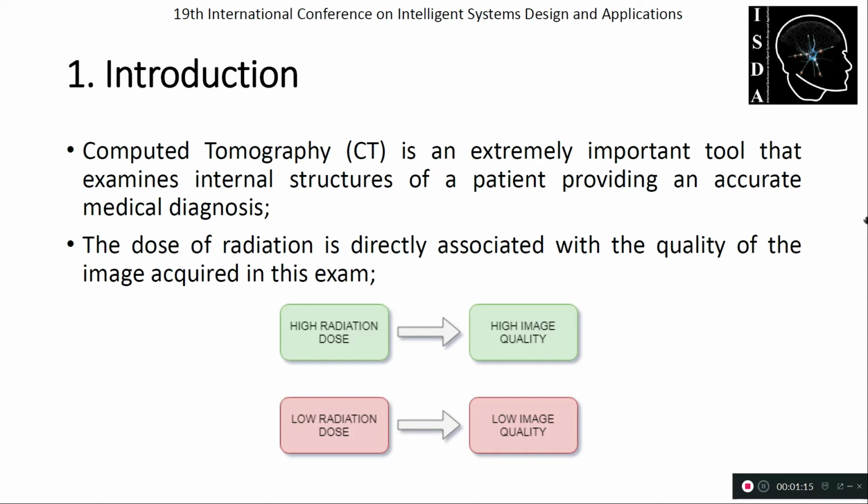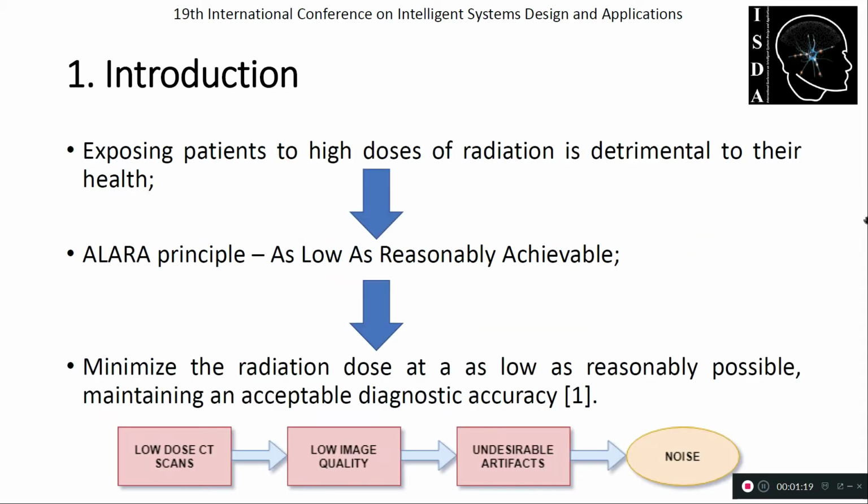On the other hand, a low radiation dose will provide you a low image quality. However, exposing patients to high doses of radiation is detrimental to their health. Because of that, the medical community has been following the ALARA principle, which aims to minimize the radiation dose to an as low as reasonably possible level, while maintaining an acceptable diagnostic accuracy.